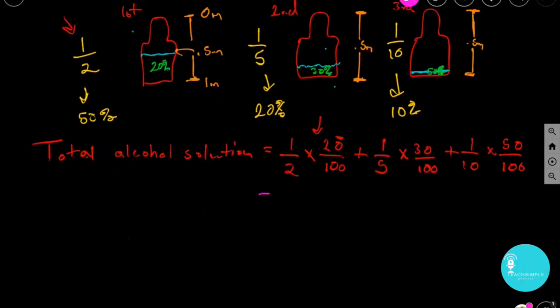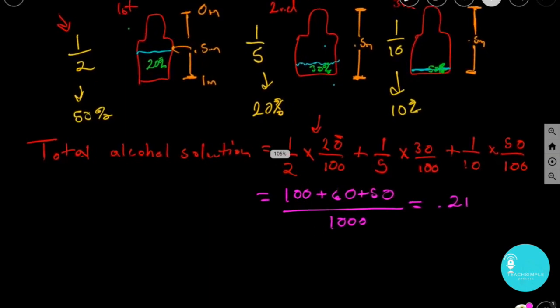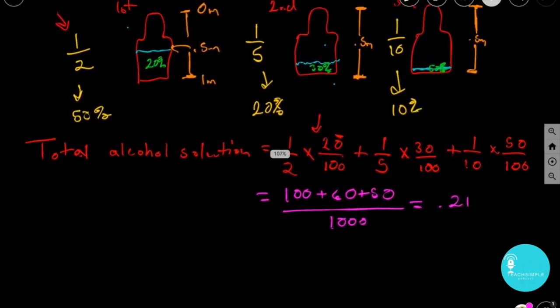From there, we have 100 plus 60 plus 50 divided by 1,000. We get that from doing the math and then adding the fractions. And then from there, you're going to get 0.21. Now that is the total alcohol solution.